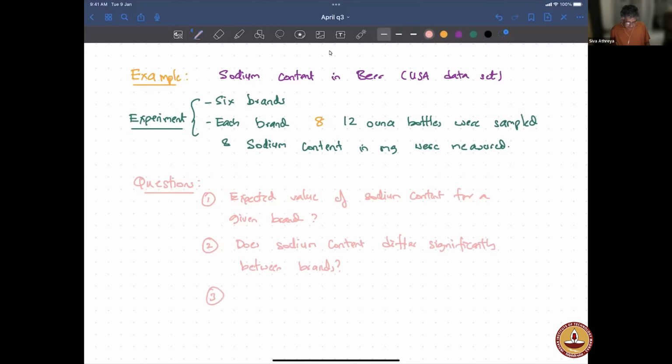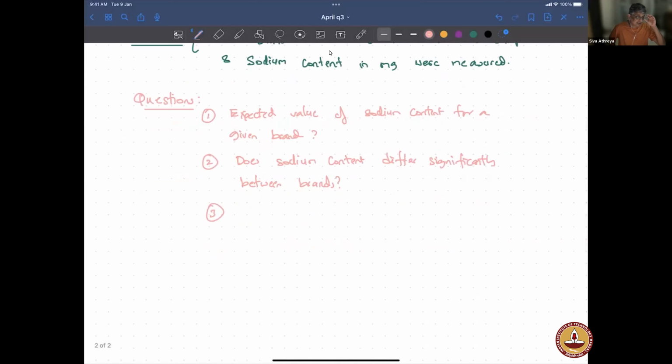The third question is: in general, in beer, what is the expected value of sodium content?